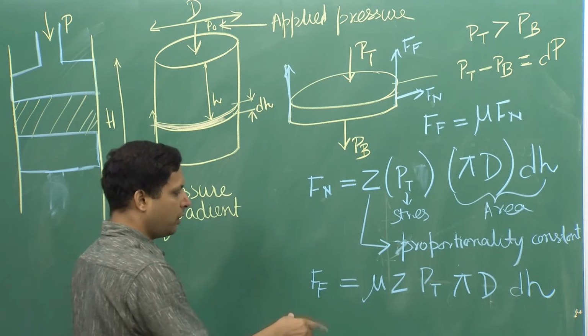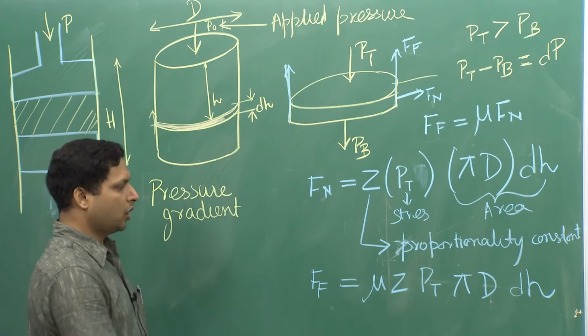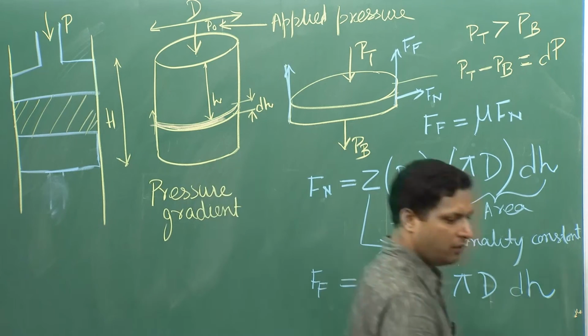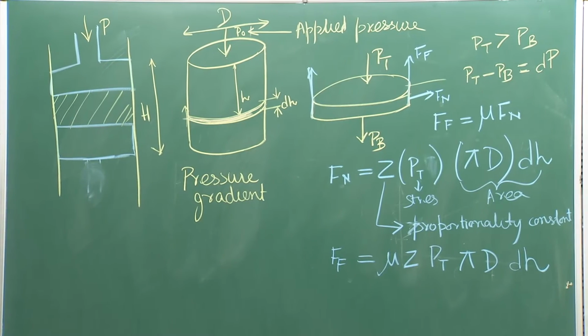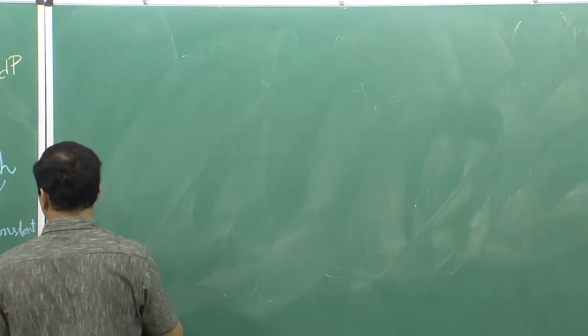Next, once we have all these forces, we want to apply the force balance equation onto this. We know that there is a downward force acting because of the pressure, and there is an upward force acting because of the friction. Under limiting condition, these forces would be equal.